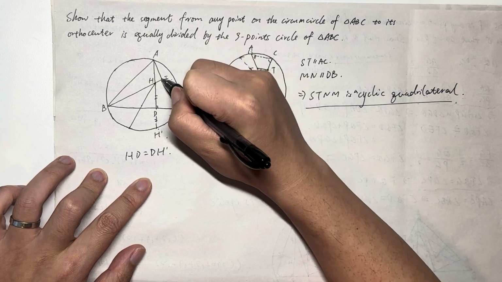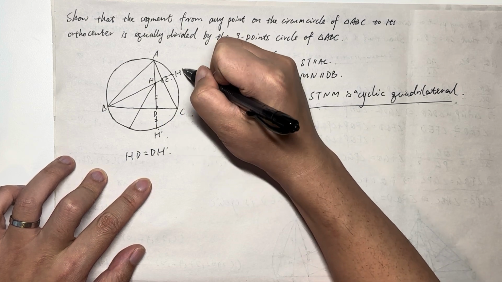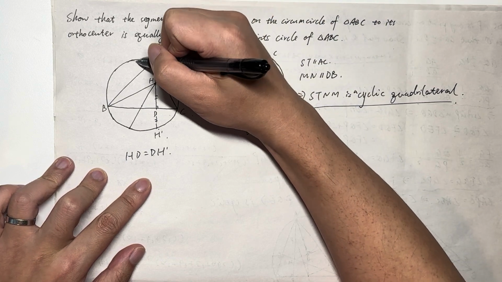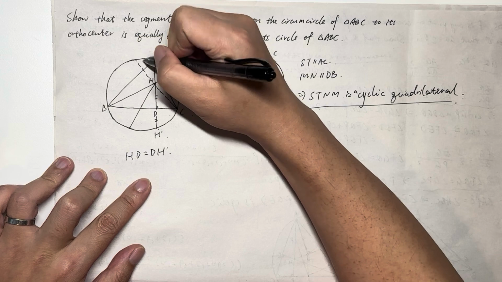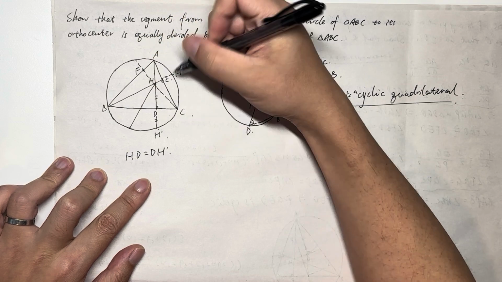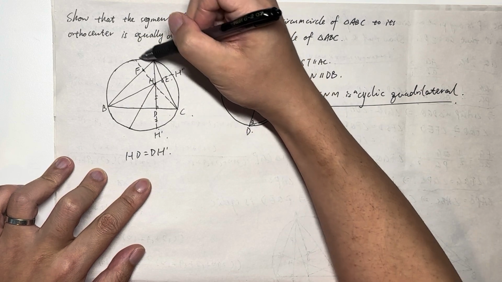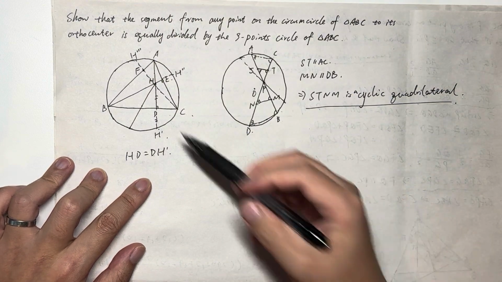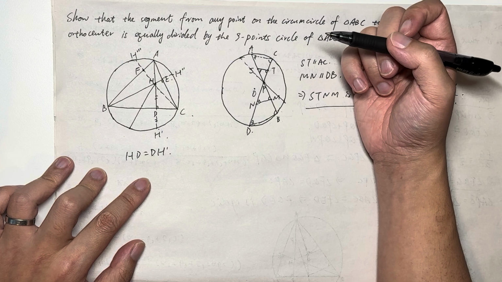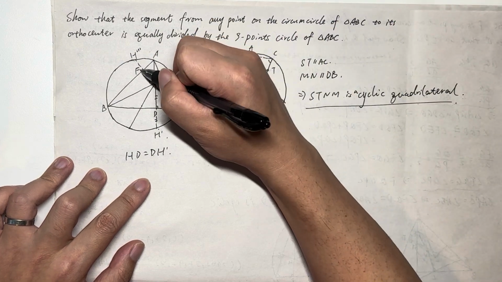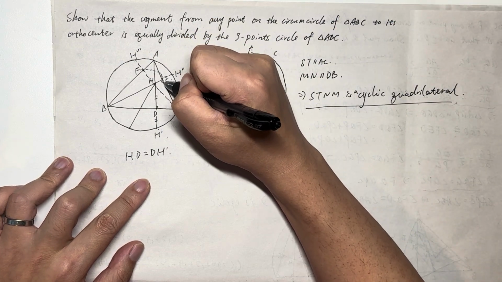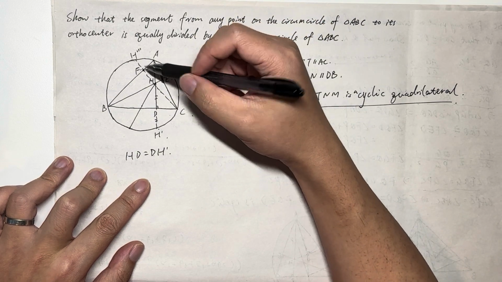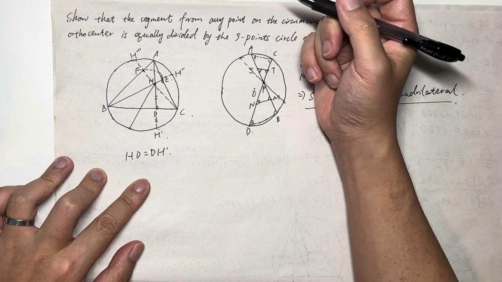E is a midpoint from H to H prime, and F is a midpoint from H to H3 prime. We already found that. That means this circle is fixed. It's already been defined by FDE.